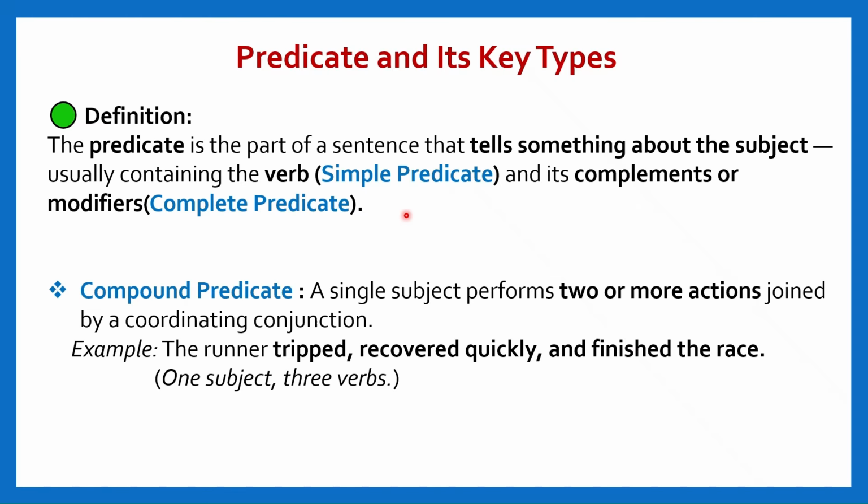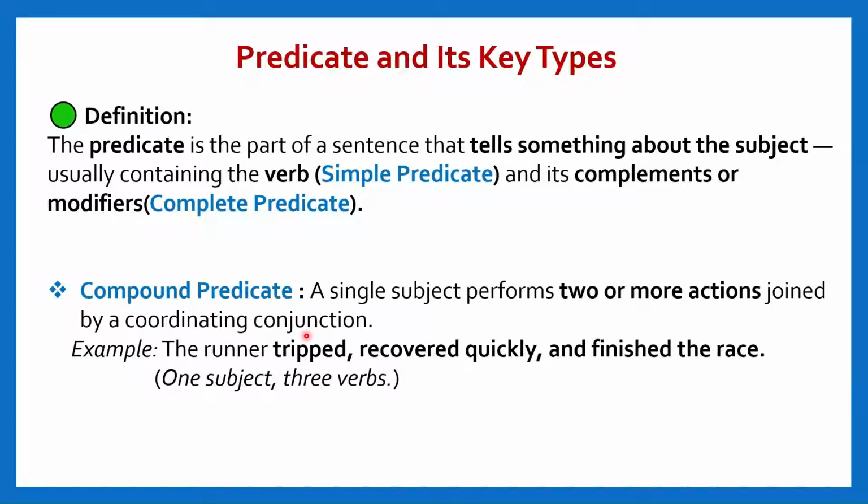Okay, now that we have formed a complete concept about predicate, let's move on to another interesting kind, the compound predicate. It's actually when a single subject decides to be very busy and performs two or more actions, then a compound predicate is formed. We can define it as a single subject performs two or more actions joined by a coordinating conjunction. Coordinating conjunctions are and, or, but.